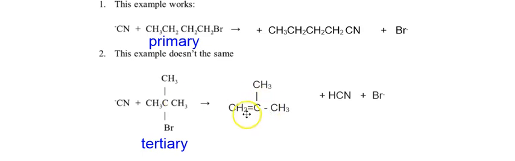Something odd happens. We make a double bond. One of the H's between the middle carbon and the end came off, I guess the one over here on the left. It bonded with the cyanide, and the bromine is still a leaving group. So my nucleophile does not attach itself to the substrate. Isn't that interesting? Let's see another example.